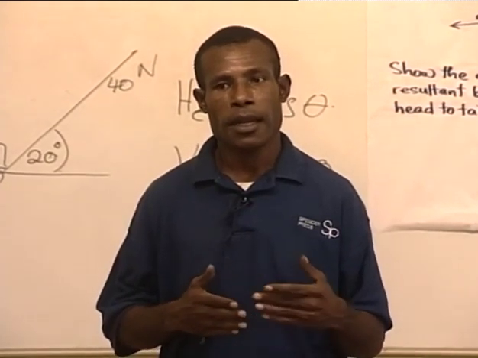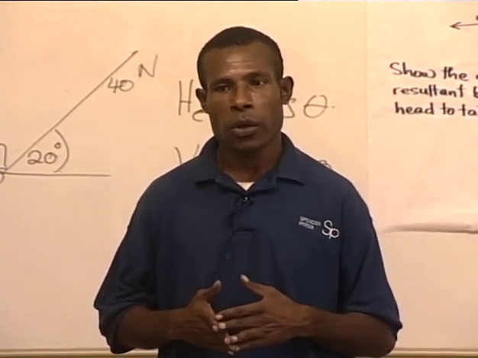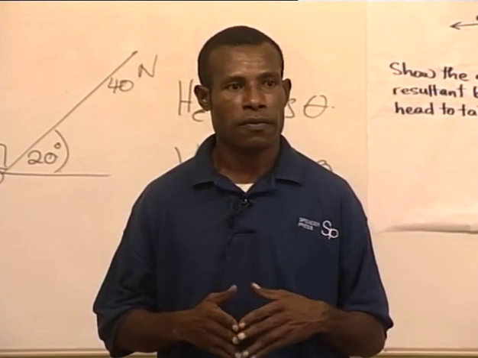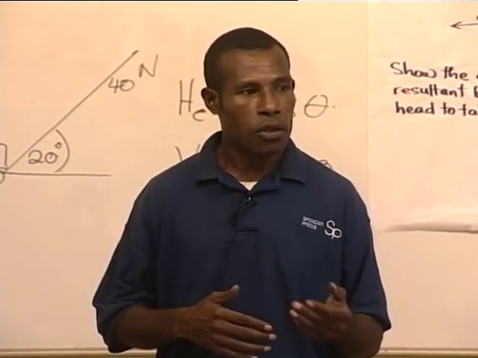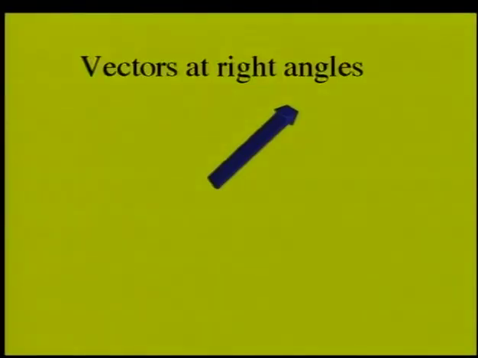But when they are at 90 degrees or at certain angles to each other, you can use the cosine rule or the Pythagoras theorem to calculate the resultant of those forces. And if there are many forces acting at a certain point, you can also find the resultant and the direction it is moving.